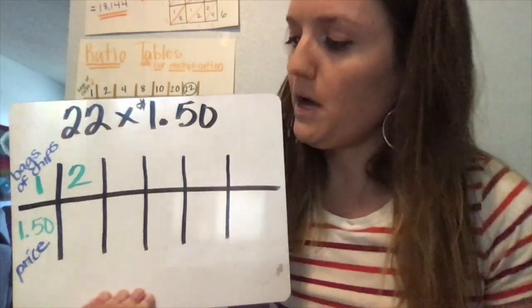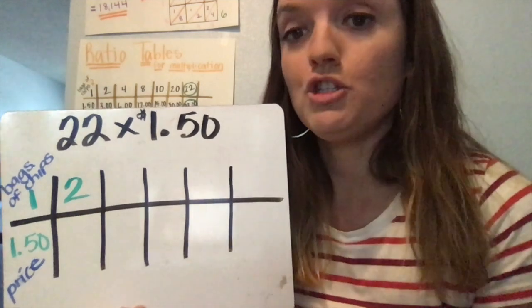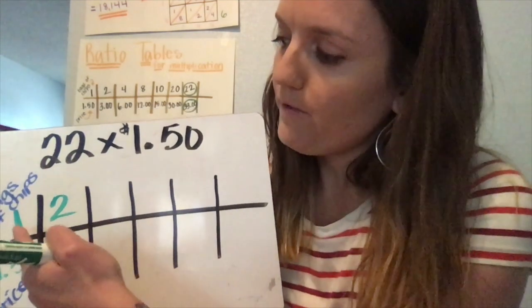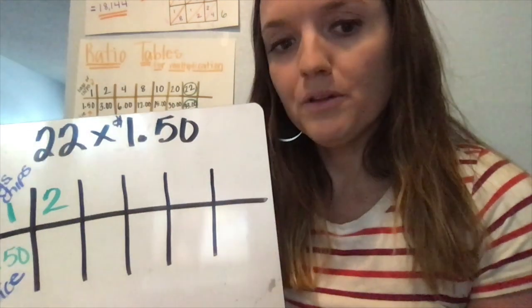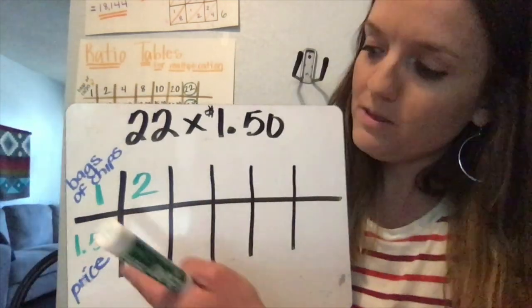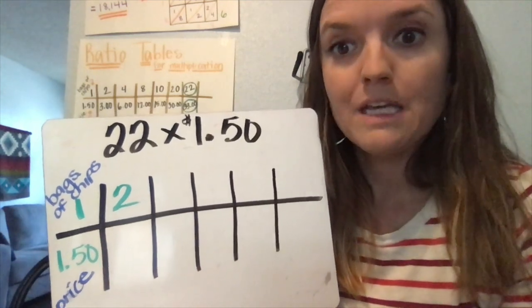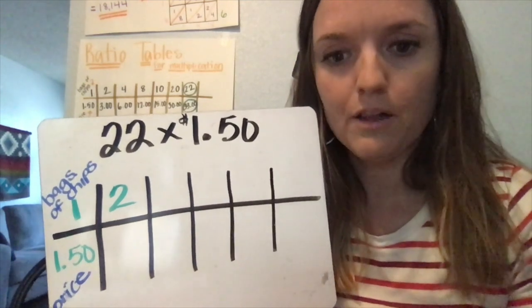The next part, I went ahead and added a 2 right here. We're going to notice that when I jumped from 1 to 2, I doubled that number. So I'm simply going to double $1.50. So I'm going to add it together twice to get $3.